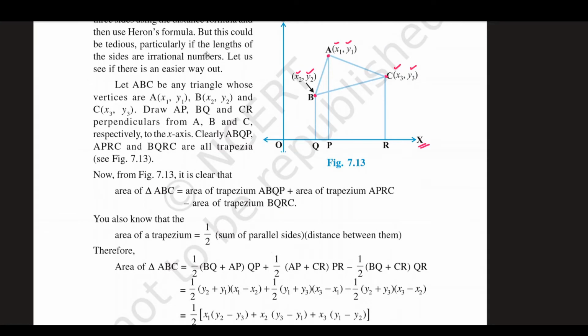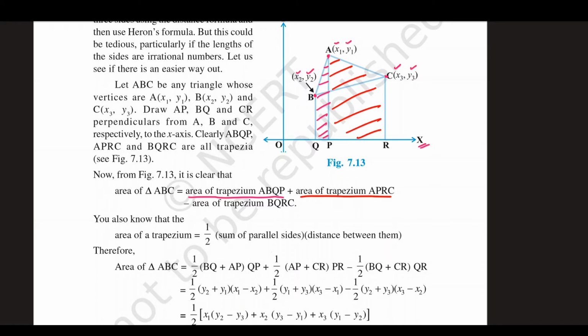The area of ABC is equal to the area of trapezium ABQP. If I shade this region, ABQP, and then the area of trapezium APRC. APRC is this region.